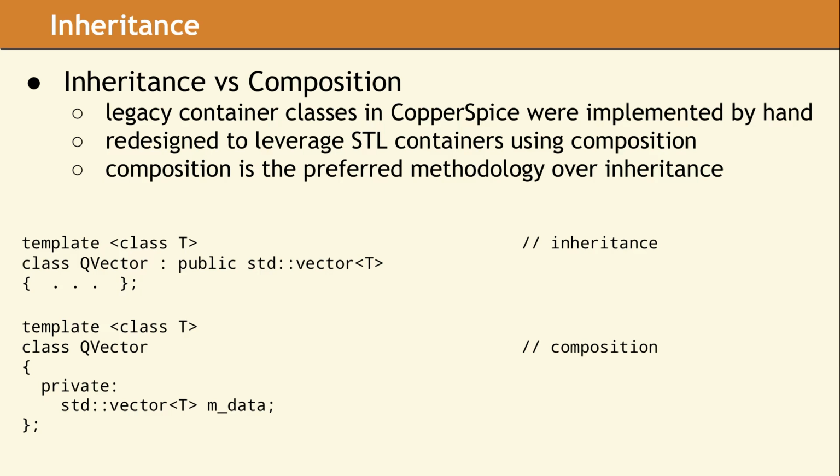By using composition, your entire API is implemented in your class rather than being implicitly inherited from an external class. This will make it easier to generate accurate documentation when you are using a tool such as Doxypress.